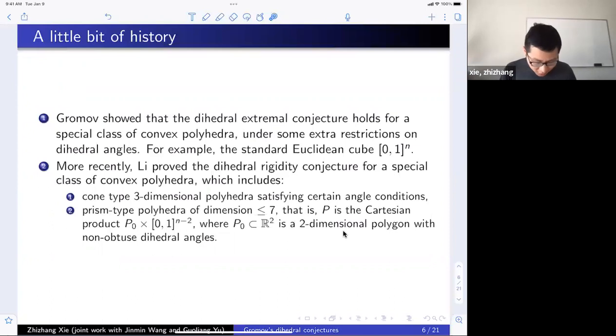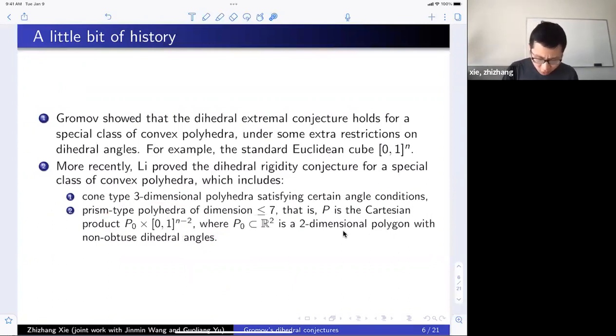Okay. And then also there's a prism type, which means it's a two-dimensional polyhedron as the base, and then you cross some interval or some cube.